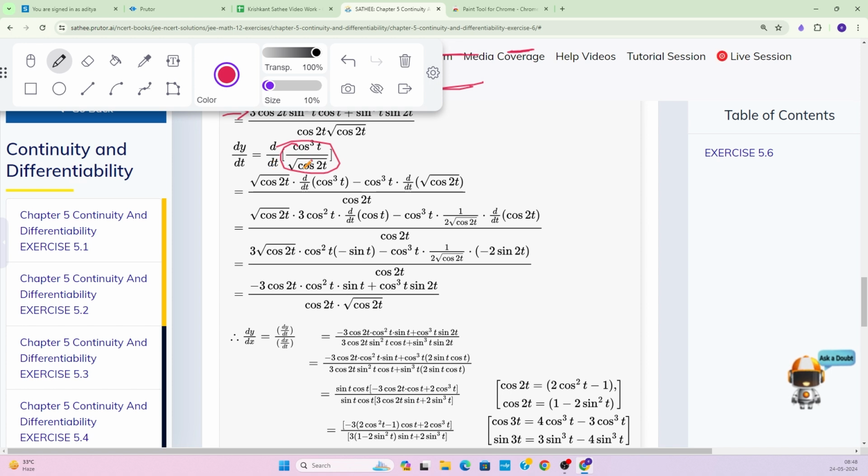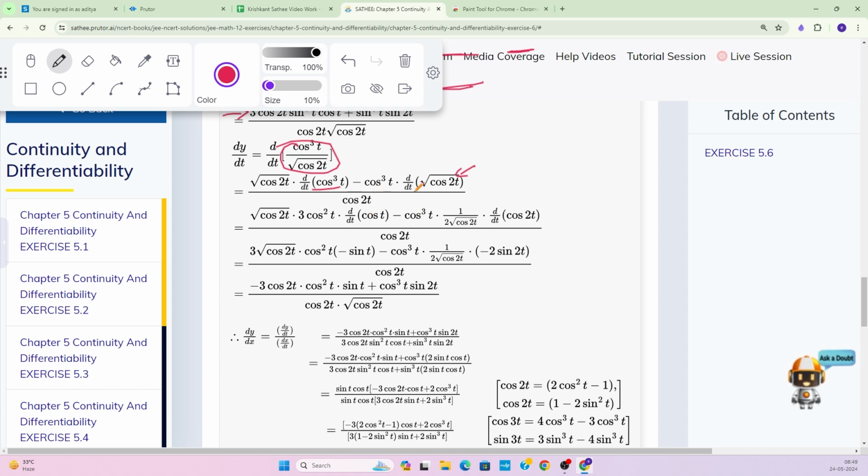Just the same thing, we will be applying the quotient rule. So by the quotient rule, the denominator square. Now the denominator will be multiplied with the differentiation of the numerator, and minus the numerator multiplied with the differentiation of the denominator, as you can see. So this differentiation will be 3 cos square t multiplied with the differentiation of cos t.